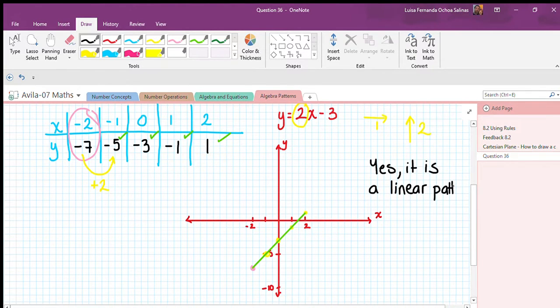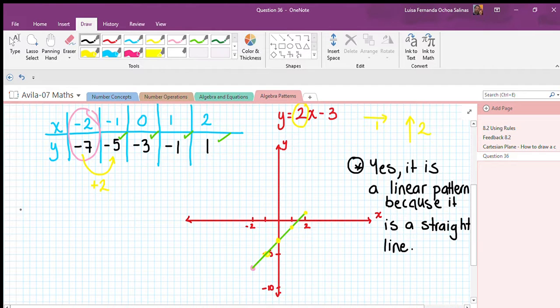And it says justify your answer. So we have to say because it is a straight line. Beautiful. Okay, there you go. So that's that answer.